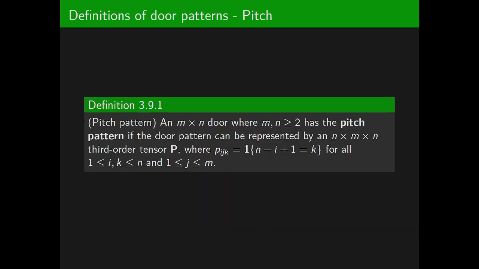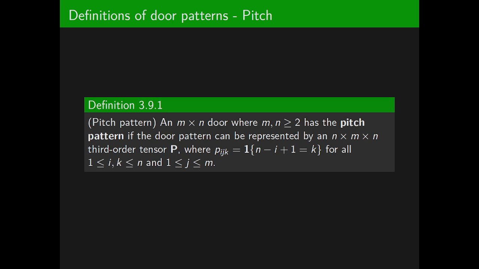3.9.1 is on pitch. Now this time it is m by n, so m can be different than n, where m and n are both greater than or equal to 2, has the pitch pattern if the door pattern can be represented by an n by m by n third order tensor P, where P_ijk equals 1 if n minus i plus 1 equals k, for all i, k in 1 to n inclusive, and j in 1 to m inclusive.